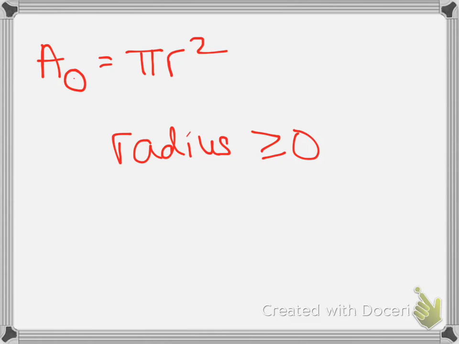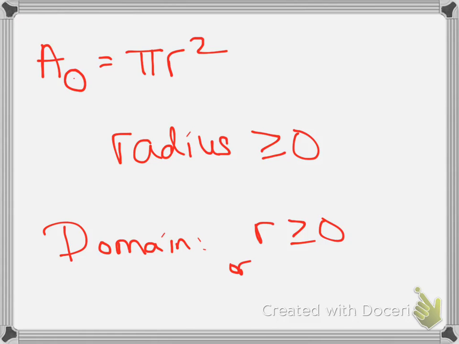So what we'd end up doing is we would say our domain has to be greater than or equal to 0, in which case we could just say r greater than or equal to 0, or we could say with a bracket, 0 to infinity. So sometimes, you might decide based on what's realistic and what's not.